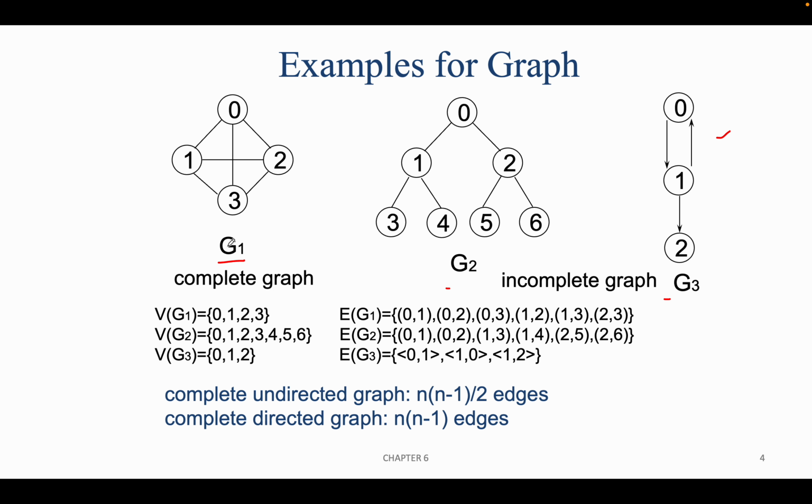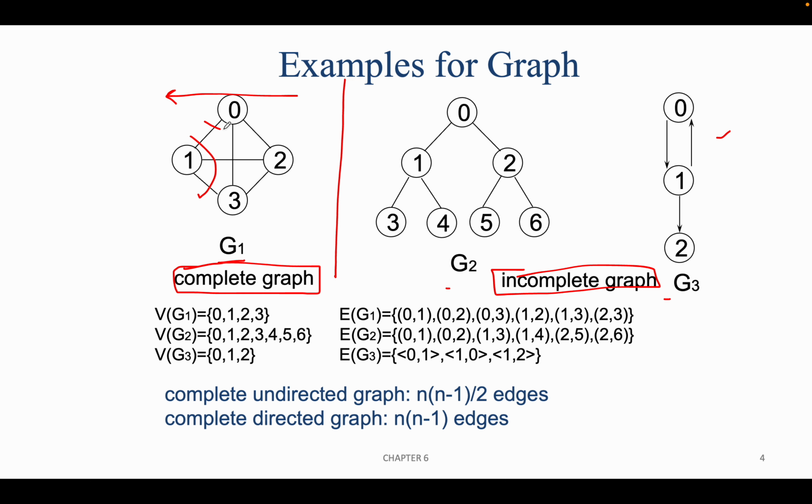For graph, two more things that we're going to learn on this page are complete graph and incomplete graph. If you look at this one, this side is the complete graph. You can see that every single vertex has edges connected equally, three edges connected to each vertex, right?